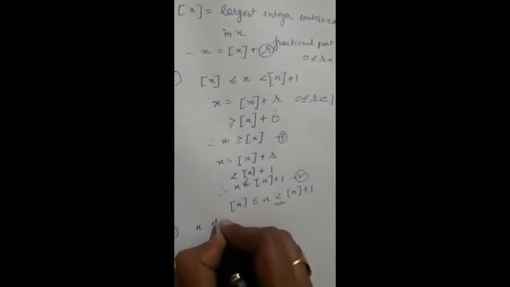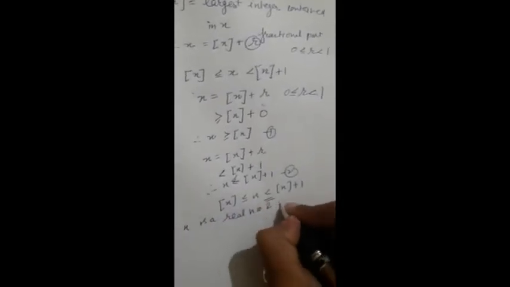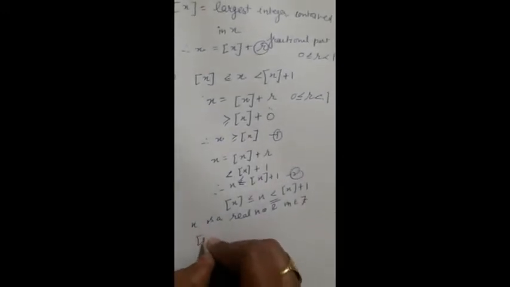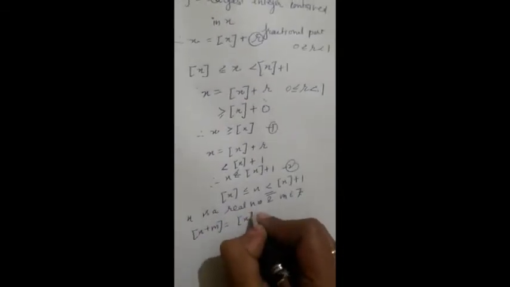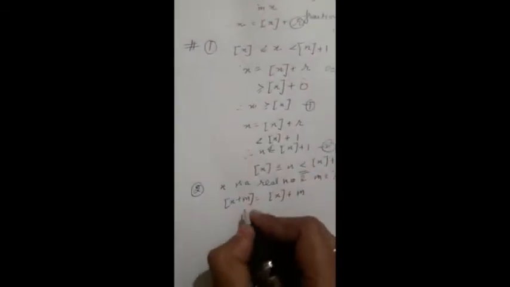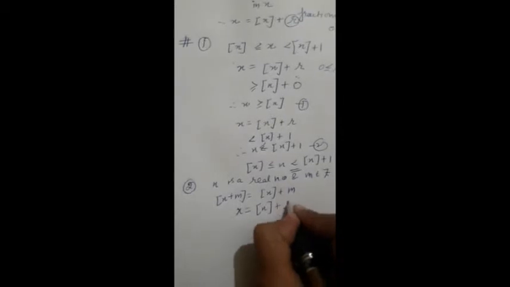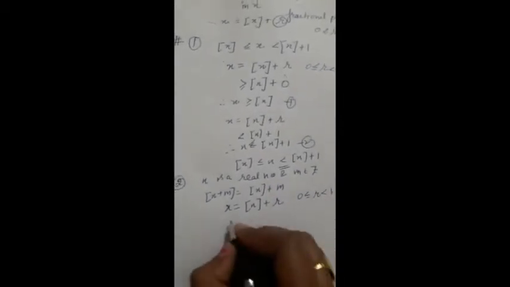Second property: x is a real number and m is an integer. Then greatest integer of x plus m is equal to greatest integer x plus m. Now x can be written as greatest integer x plus r, where r is greater than or equal to 0 and less than 1.